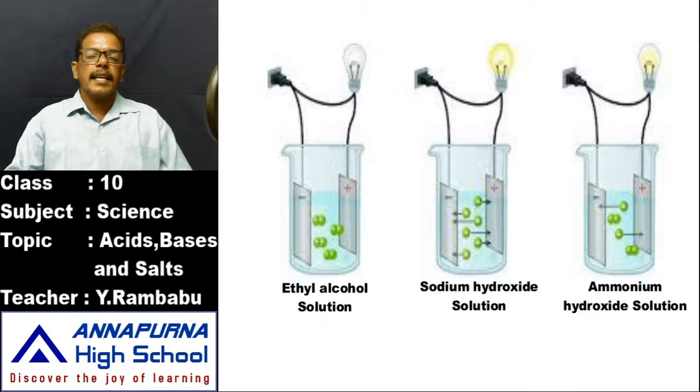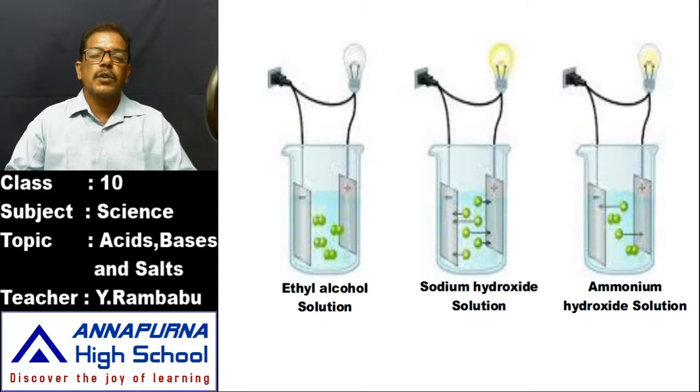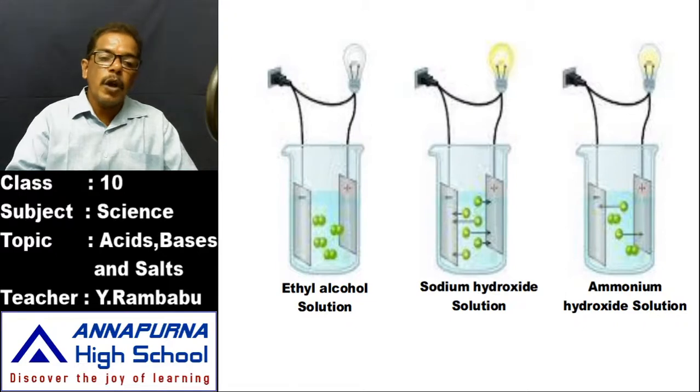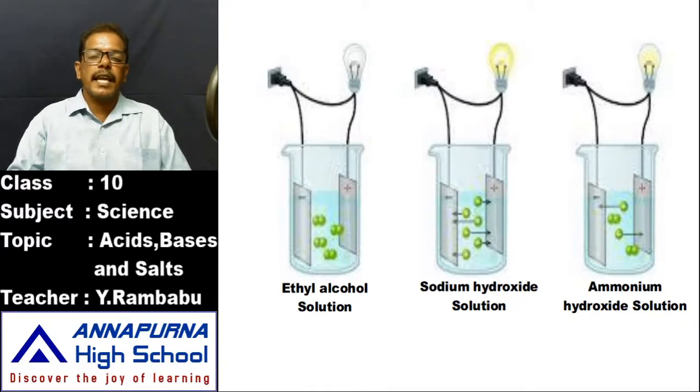But in the second case, sodium hydroxide solution is taken. That sodium hydroxide solution splits into its respective ions. NaOH splits into Na plus ions and OH minus ions. All the molecules in that solution are ionized. Observe in this diagram: for example, if 3 molecules are there, those 3 molecules split into ions.